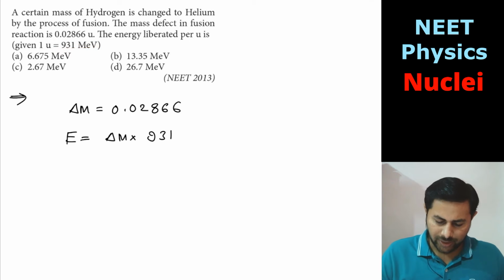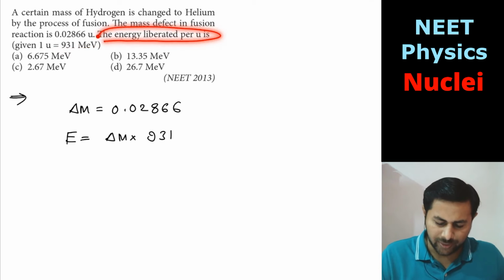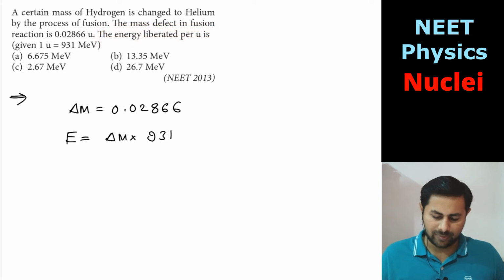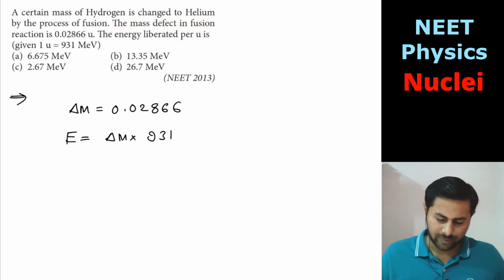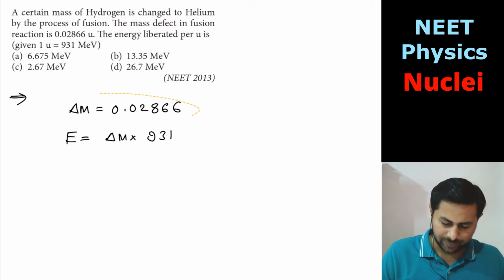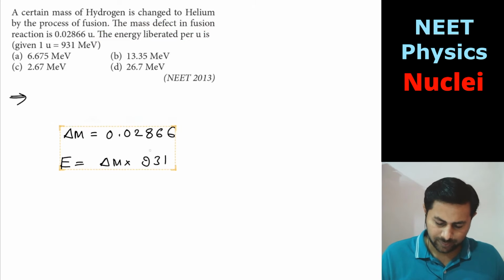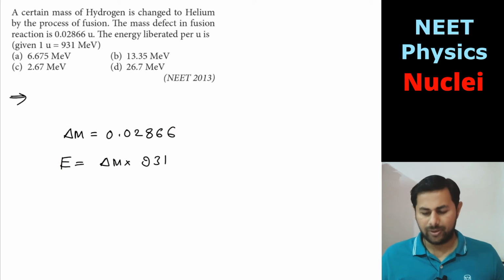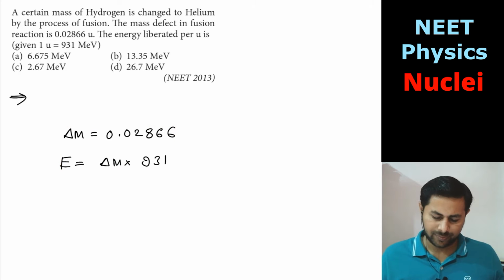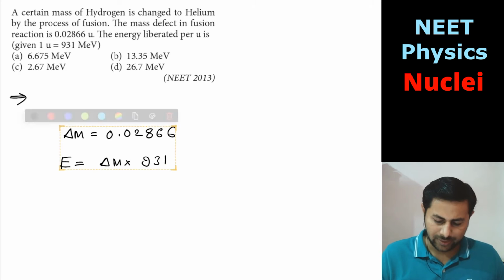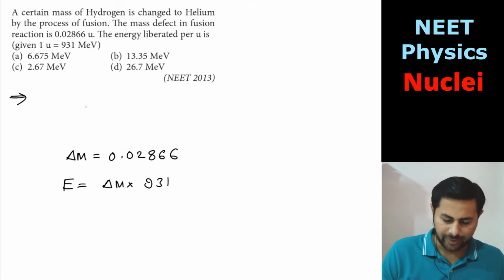Then the question is, what is energy liberated per U? How many nucleons are there? Certain mass of hydrogen changes to helium.